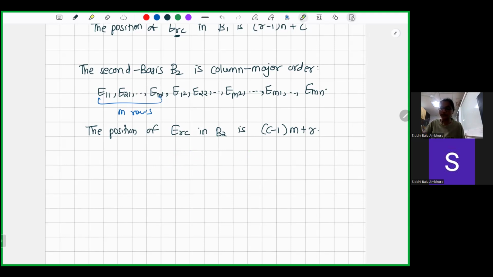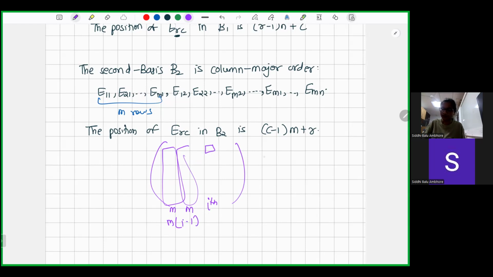So I have to omit these C minus 1 columns first, and then the next will be the C position here, and the first entry will be this. So for example, if I have something in the ith row, first I have to omit these M elements, then these M elements, which is M into I minus 1, and then I look at which row I am talking about.